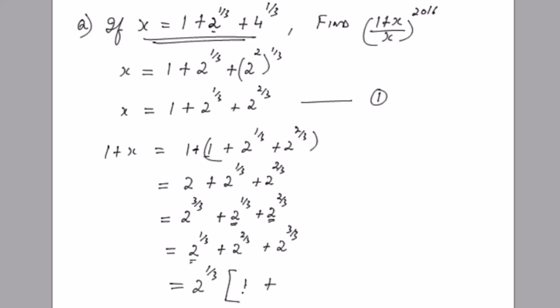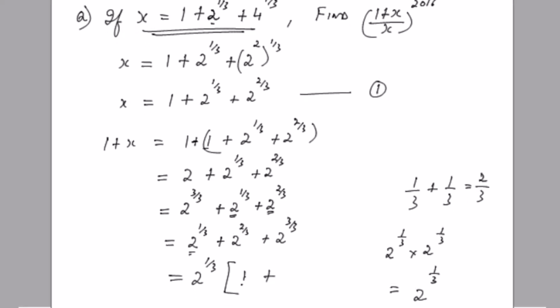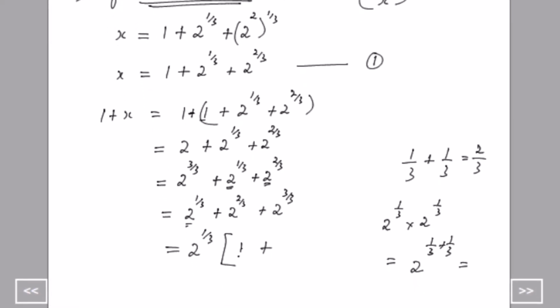2 to the power 1 by 3 into 2 to the power 1 by 3 will give us 2 to the power 2 by 3, because we know 1 by 3 plus 1 by 3 is equal to 2 by 3, and we also know that 2 to the power 1 by 3 into 2 to the power 1 by 3 will be equal to 2 to the power 1 by 3 plus 1 by 3, which is 2 to the power 2 by 3, right?